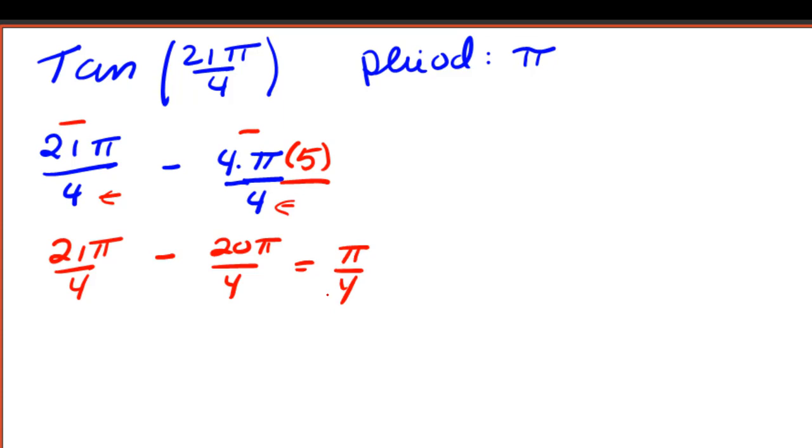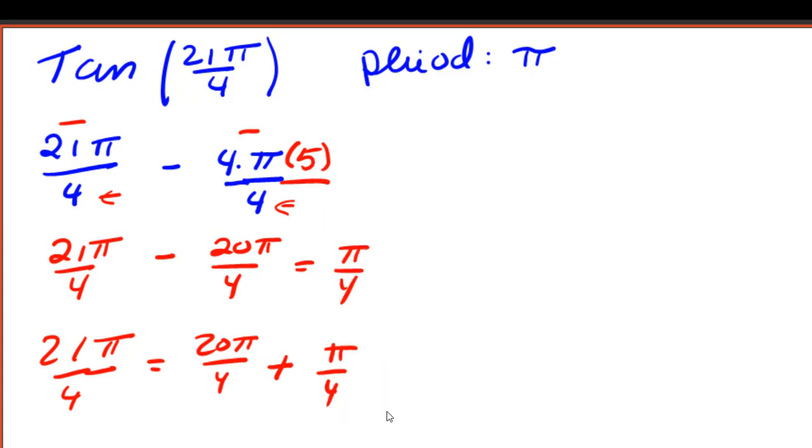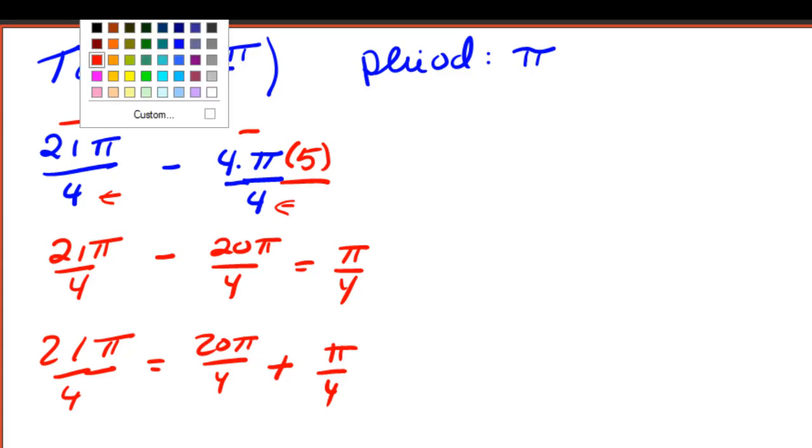Okay, that's my difference. So again, what I'm saying is 21 pi over 4 is equal to 20 pi over 4 plus pi over 4. And of course, the 20 pi over 4 is just 5 pi. After all, I've done here is gone in circles many times. I have pi 5 times, but since that's the period, as far as calculating the tangent of that angle, it's not going to do anything.